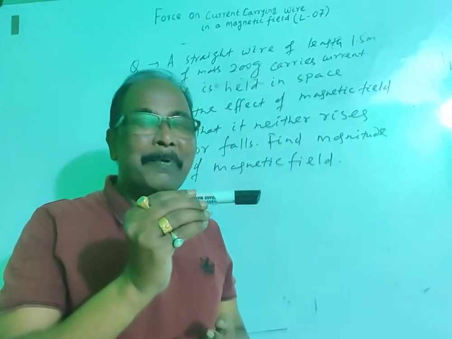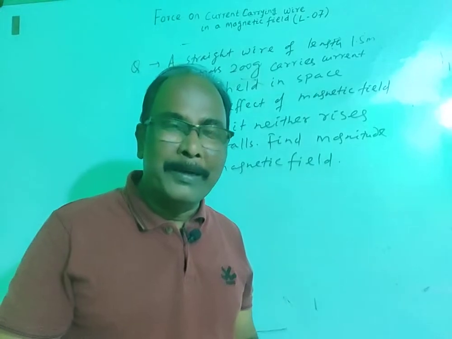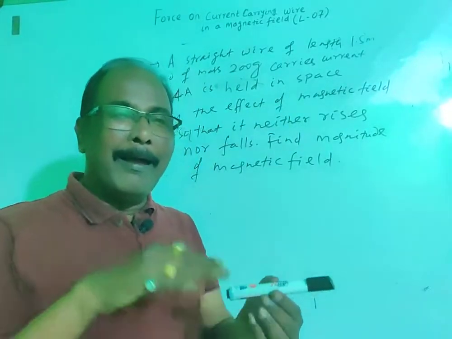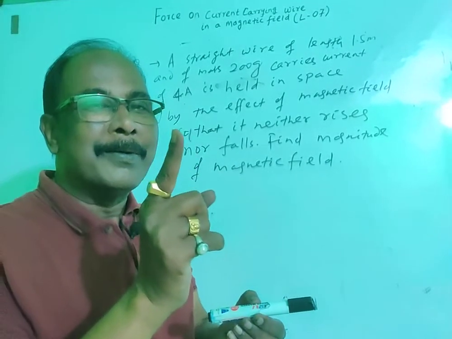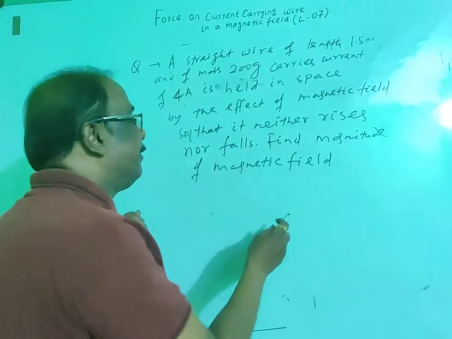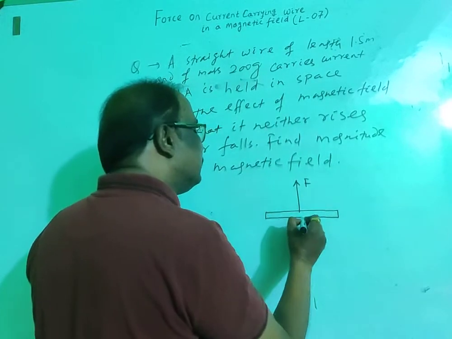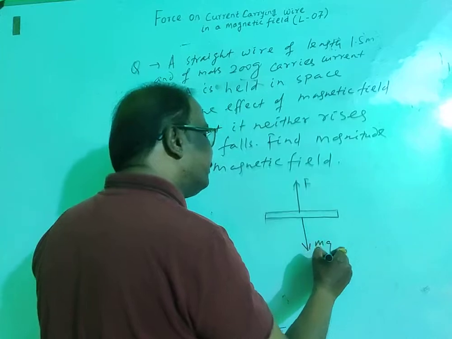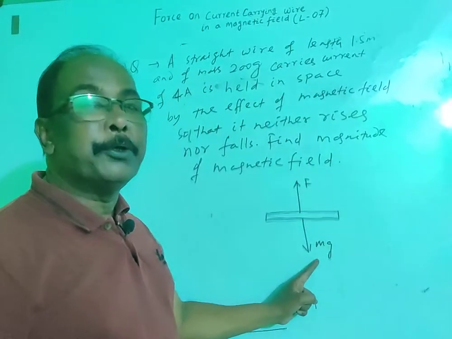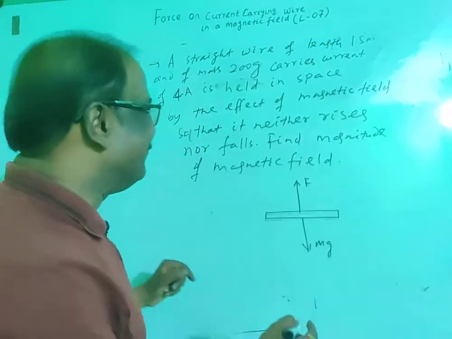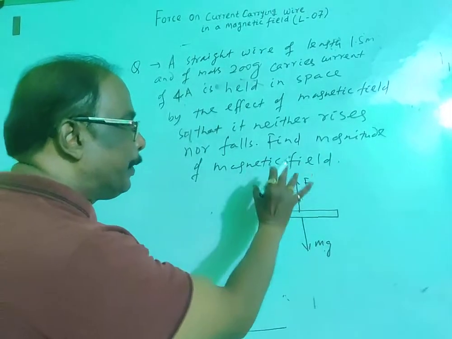Obviously, the angle between the direction of length and the magnetic field is 90 degree, because the force experienced by the wire must be upward, and the weight downward. So the force on the current carrying wire balances the weight of the wire.